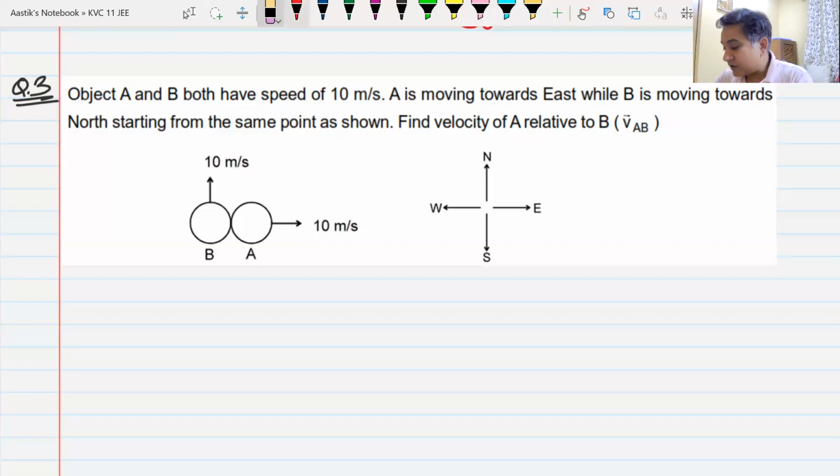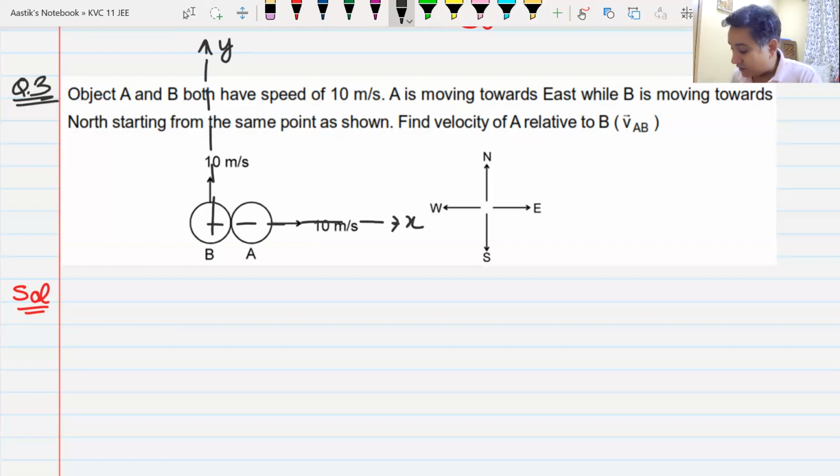So how do you find it out? There are two ways of doing it, and I'll tell you both the ways, and then I will leave it to you how you want to do it. First of all, I have to make an axis system. So this is my y-axis, everyone knows this, and this is my x-axis. This is motion in 2 dimensions. So now I can write the velocity of A. Remember, we have a unit vector i and a unit vector j. Do we remember this i and j?